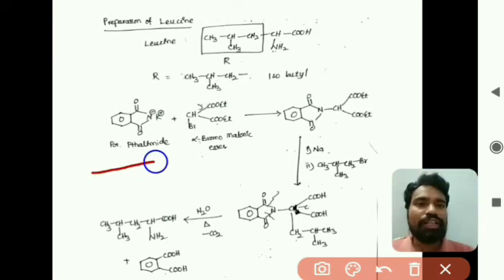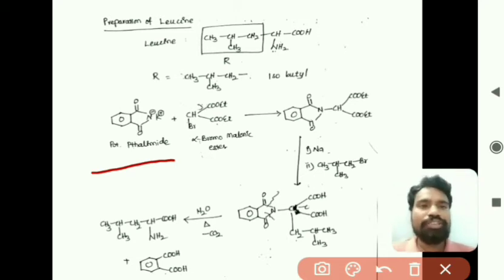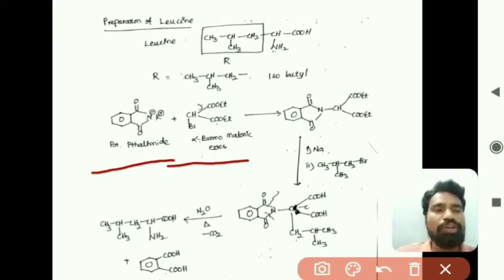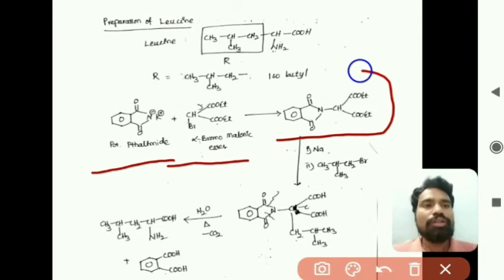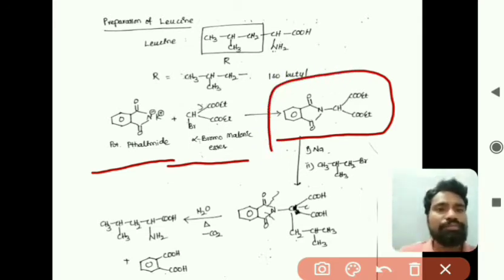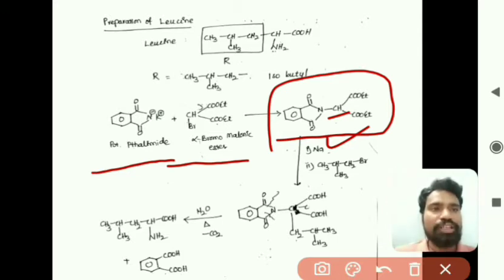So just observe the reaction here. Again the starting material is potassium phthalimide, which is reacted with alpha bromo malonic ester, then it forms phthalimido malonic ester, right, and it is treated with sodium, then there is a carbanion formation, and then it is reacted with isobutyl bromide. So then there is a bond formation between this malonic ester carbon and isobutyl group.